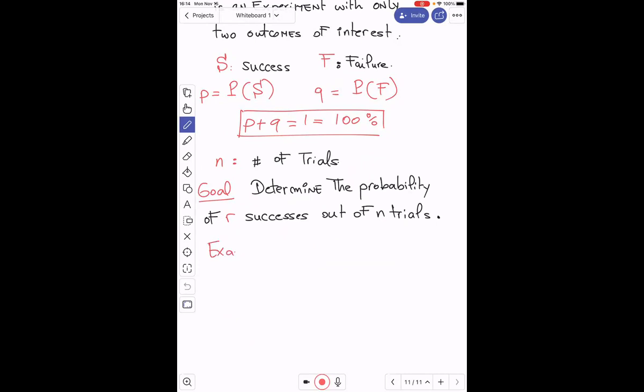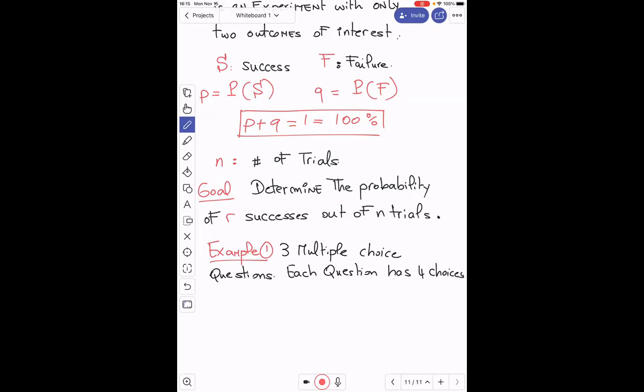Example number 1: you have 3 multiple choice questions, and each question has 4 choices.